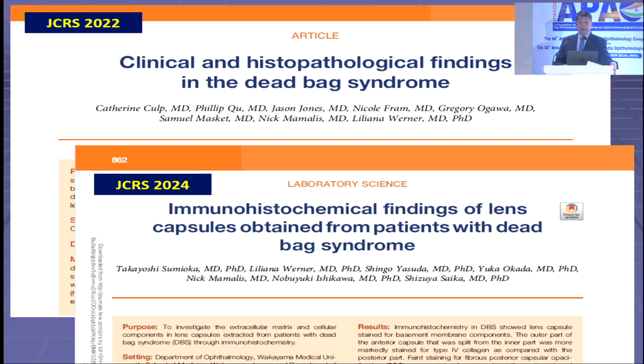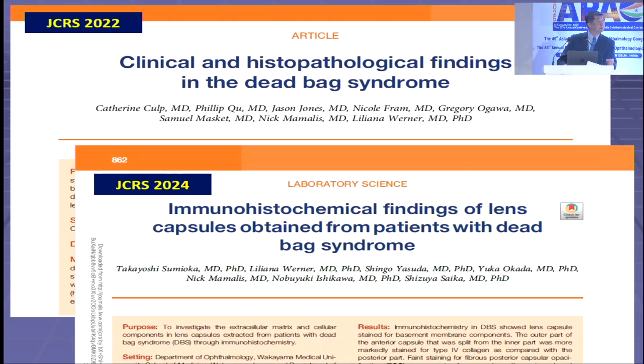This was only really reported in 2022, and we don't know what causes it. It may be just in one eye, but there's a complete absence of lens epithelial cells. There's no reaction, there's no fibrosis. It's associated with loss of zonules and even late bag IOL dislocation.